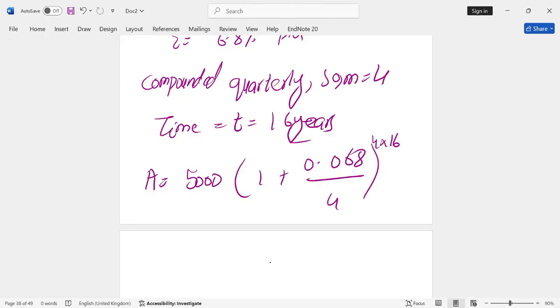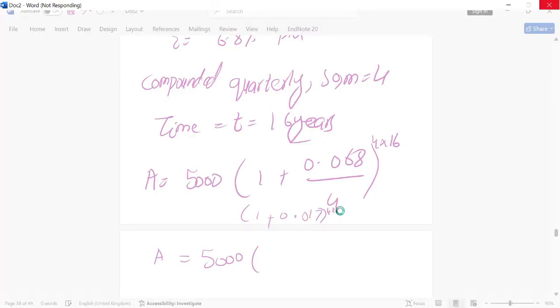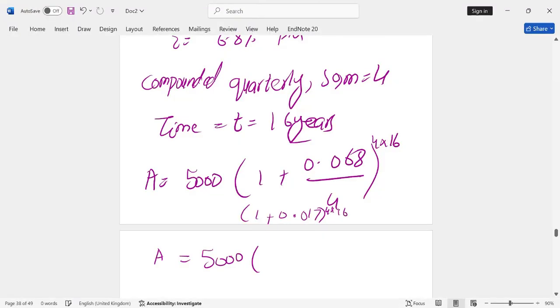A equals 5,000 into (1 plus 0.017) to the power of 16 times 4, which is 1.017 to the power of 64.